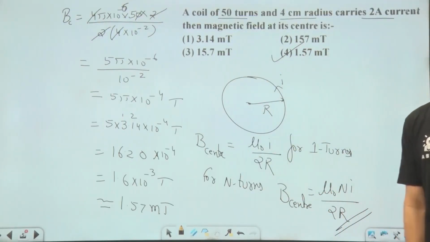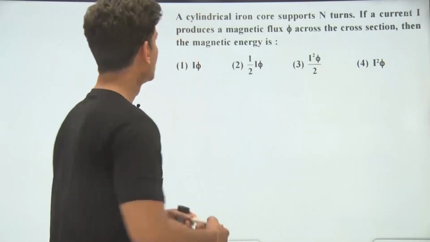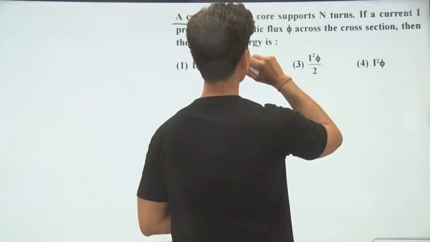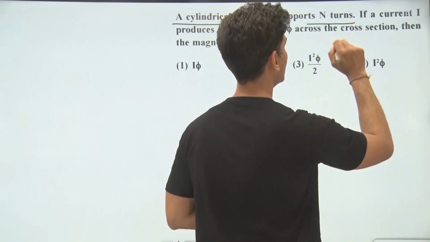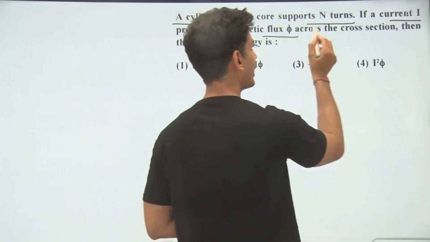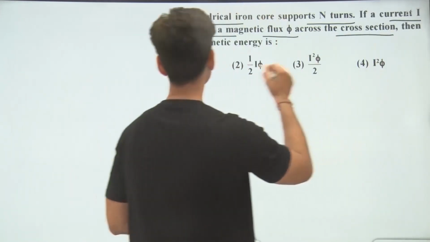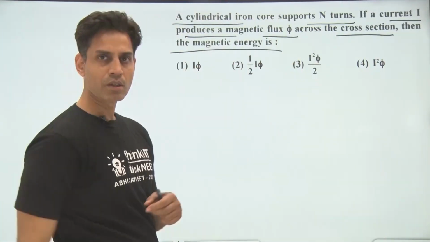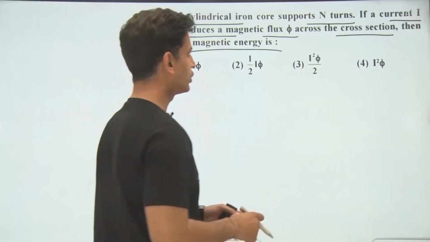Got it? The next one is, a cylindrical iron core supports n turns. If a current I produces a magnetic flux phi across the cross section, then the magnetic energy is, we have to calculate the magnetic energy.